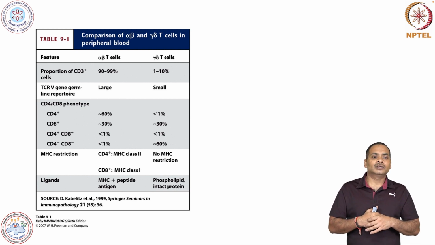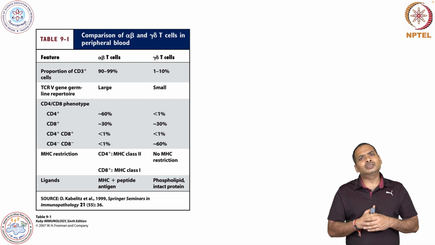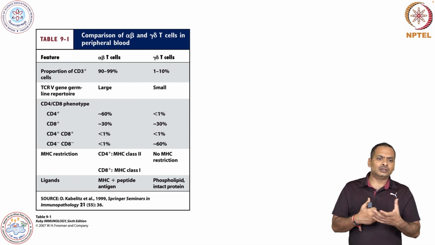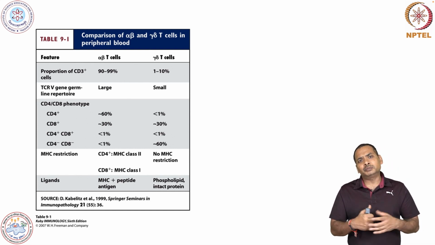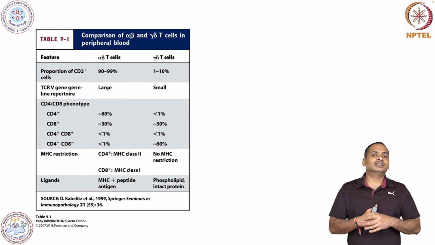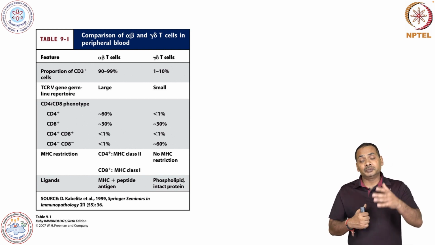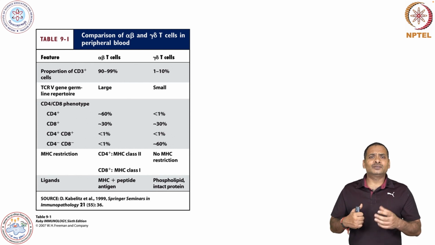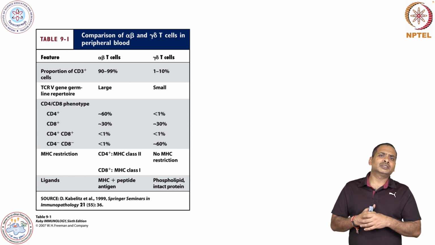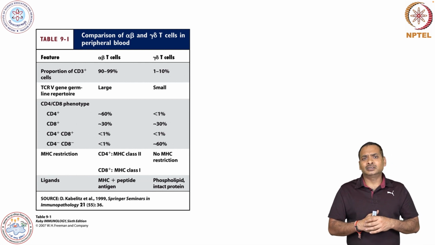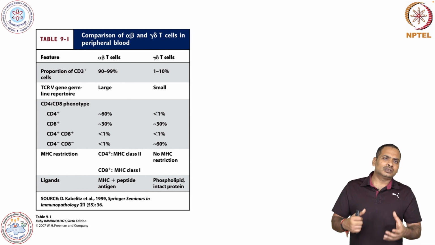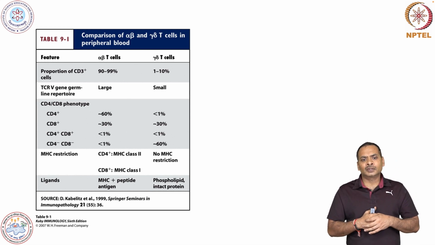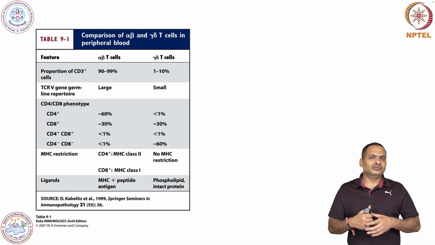As ligands, in the case of alpha beta T cells it will be a protein which after processing makes a peptide, and this is seen by the TCR CD3 complex. But as I told you earlier, gamma delta T cells basically recognize non-conventional antigens like phospholipids or some lipid derivatives. Intact protein is also recognized in very few cases.